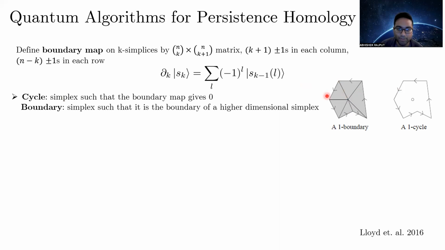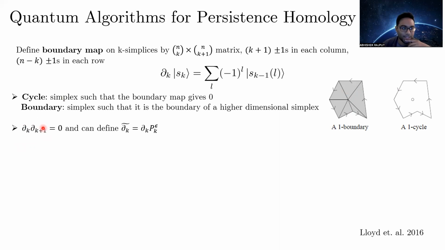The thing to note is that these cycles are in fact the kernel of the boundary map, and the boundaries are the image of this boundary map. So they're two subspaces associated to your space of K simplices. And you can also show that if you apply the boundary operator twice, say the boundary operator acting on K plus one dimensional simplices and the boundary operator acting on K dimensional simplices, and you compose them, you get 0.